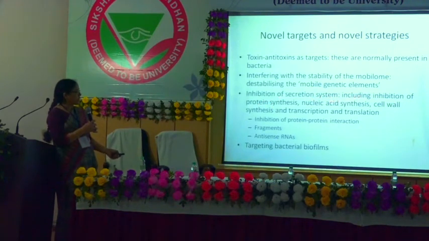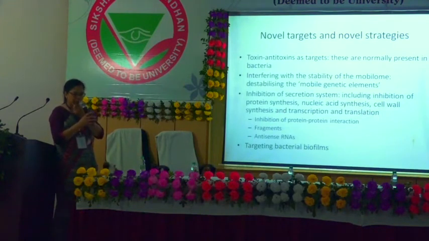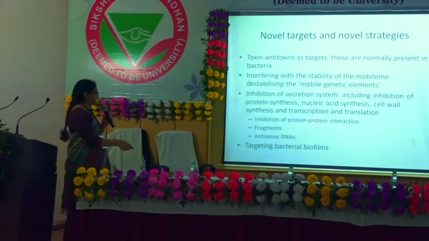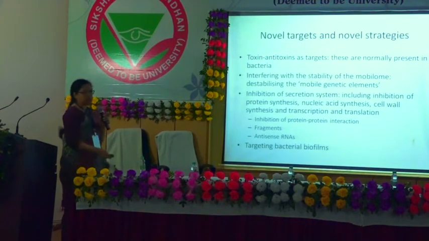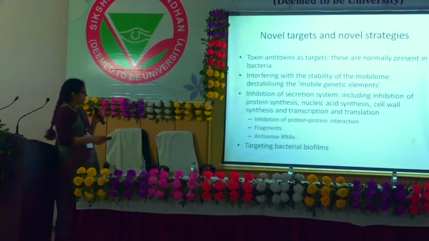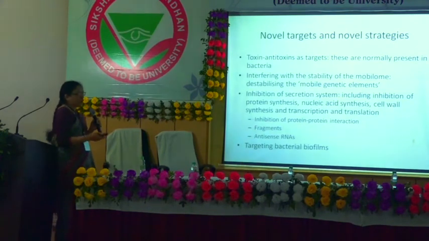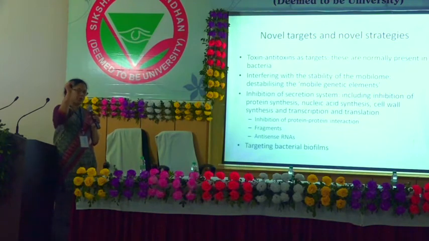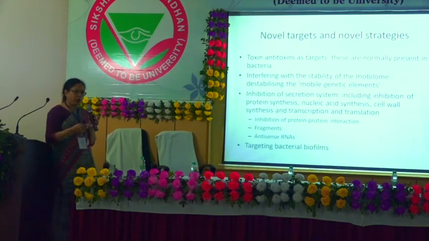So if we can inhibit protein synthesis, nucleic acid synthesis, cell wall synthesis, transcription and translation, at each of these steps there are substances which are secreted. Then there is inhibition of protein-protein interaction, like this toxin and antitoxin, both of which are basically proteins. Then there are certain things known as fragments. Now drug discovery is moving on to discovery of fragments. You have these very small particles which you then try to transmit on to the patient, and then they would do their work by targeting the bacteria and sparing the humans.